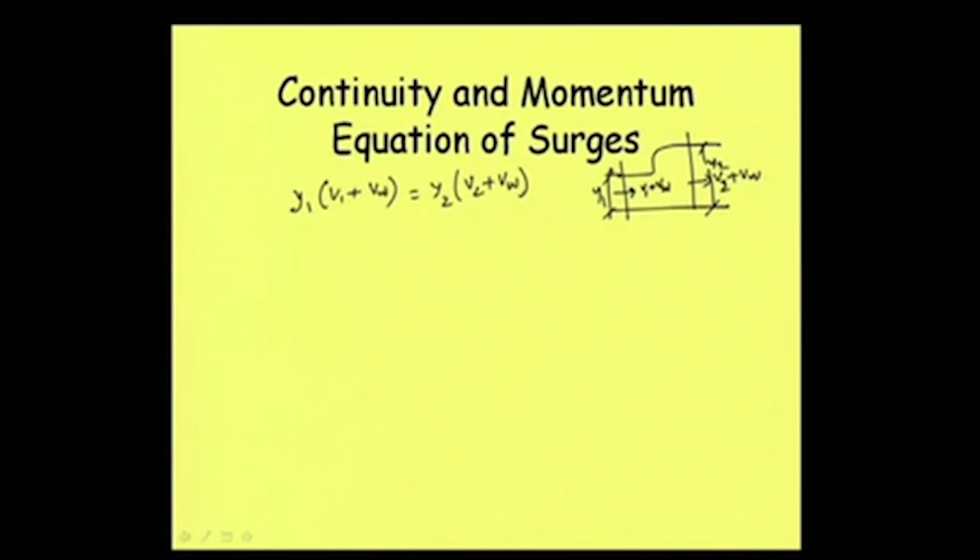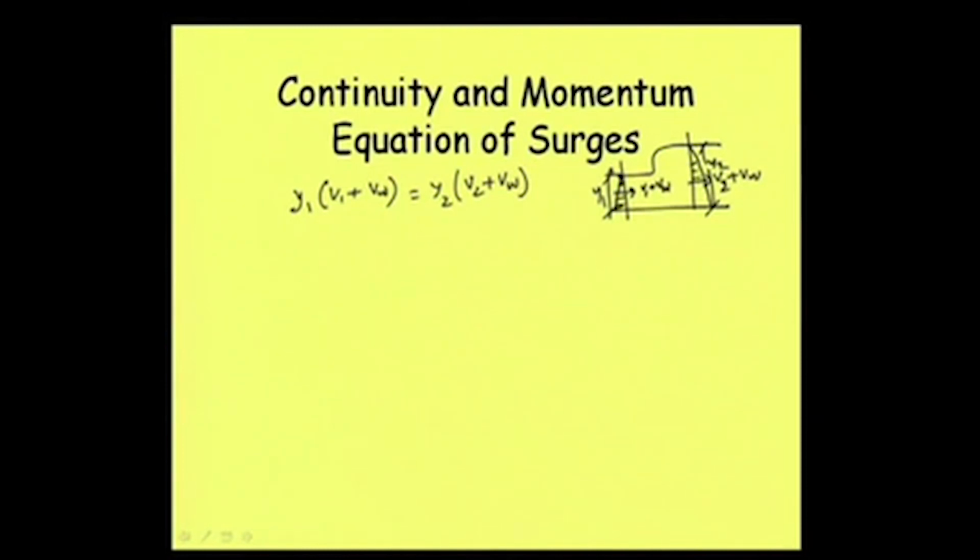For writing the momentum equation, we need to see what forces are acting: the pressure force from this direction and the pressure force from that direction, and then the change in momentum between this point and that point. So the pressure diagram we can draw like that.